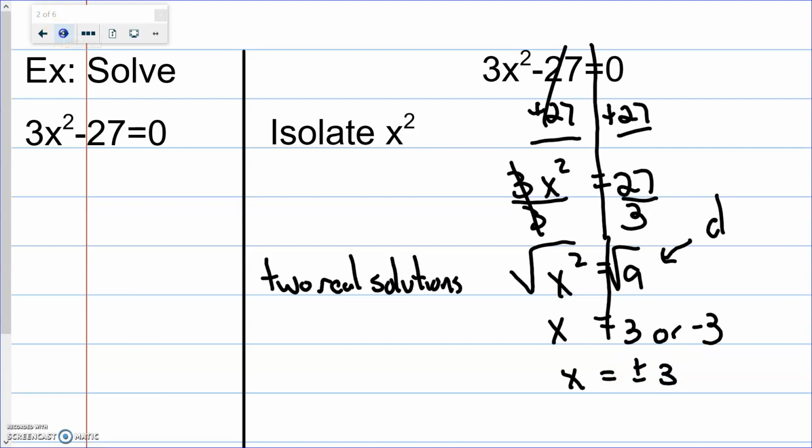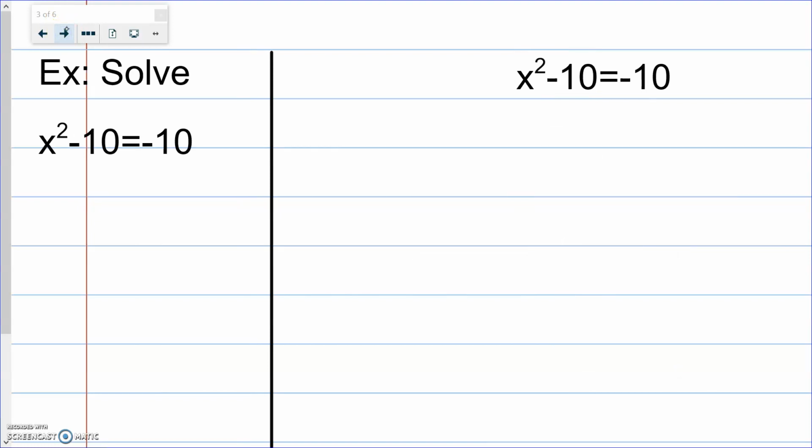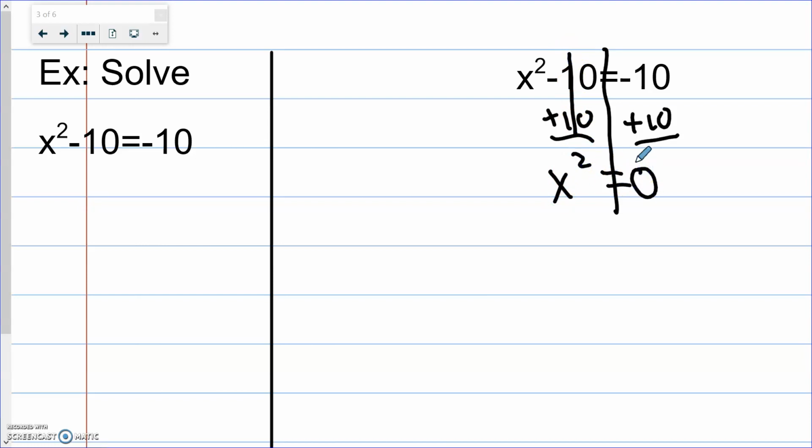Let's do another example. We want to solve x squared minus 10 equals negative 10. So we want to isolate x squared by adding 10 to both sides. The 10s go away. We have x squared equals 0. If I look back at my notes, when x squared equals 0, this is once again our d.